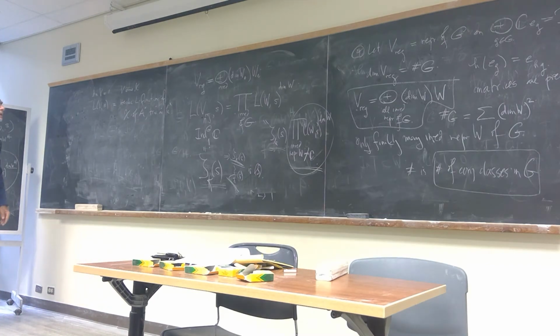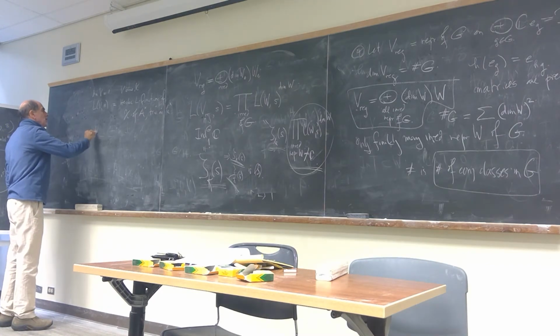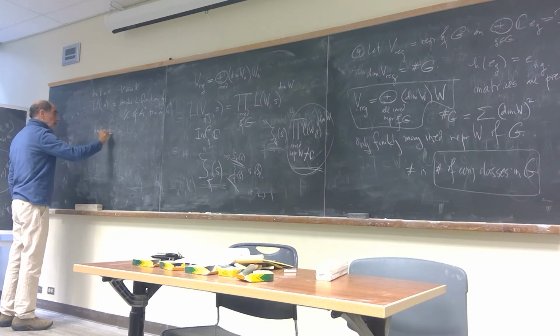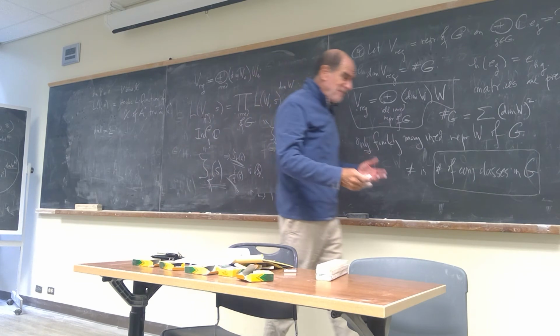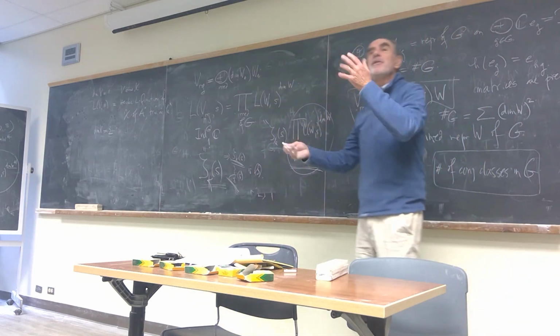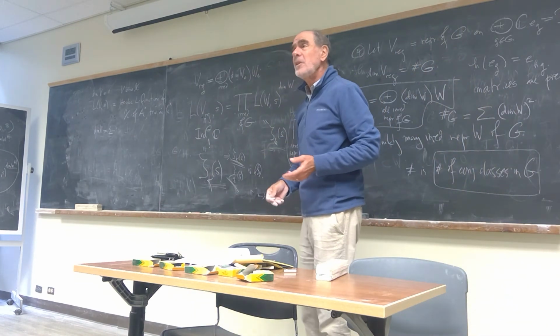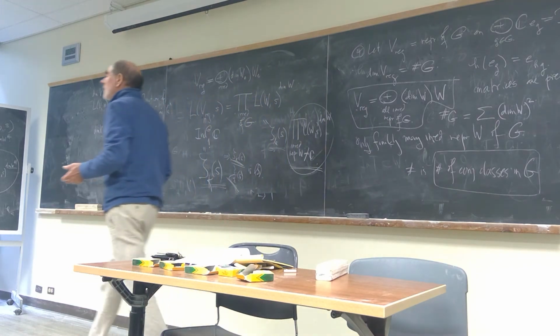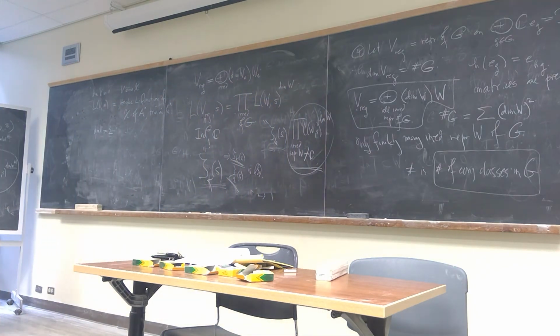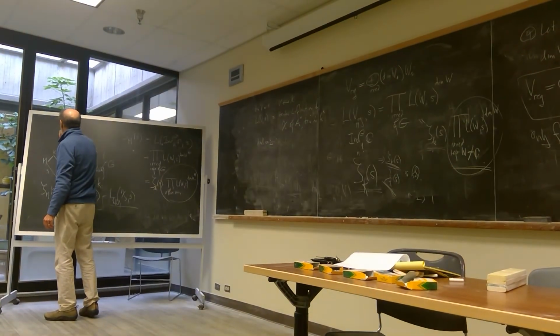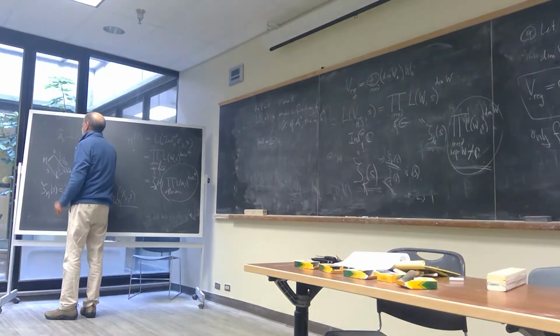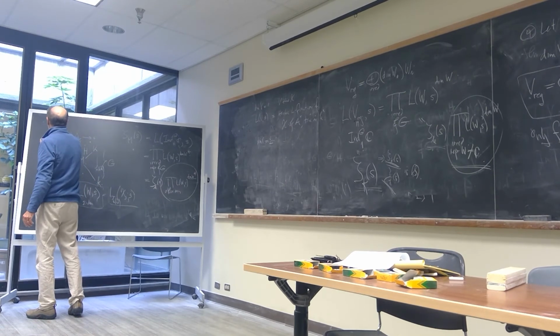So who knew that the next case to study was when the dimension of V was equal to 2? You see, Artin did a lot of study where the Galois group was the alternating group on 5 letters, because that was the first case where not everything was induced. But the alternating group on 5 letters doesn't have any two-dimensional irreducible representations. Its smallest irreducible representation is dimension 3. If you want to get to something that has 2 dimensions, you have to consider the double cover of the alternating group on 5 letters, which is the binary icosahedral group of order 120.